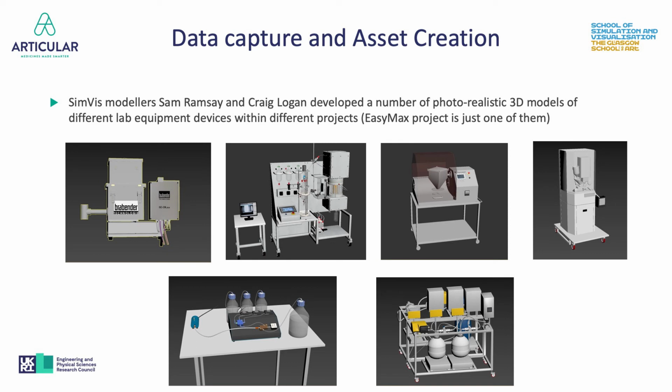So outside from that, I would love to show you a few examples of 3D models that we have developed at the Glasgow School of Art. We have been working with Strathclyde in a few different projects, not just the CMAC. So our modelers, Sam Rice and Craig Logan, develop a number of models here.